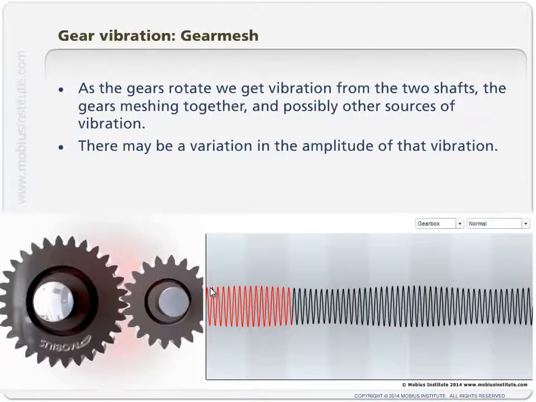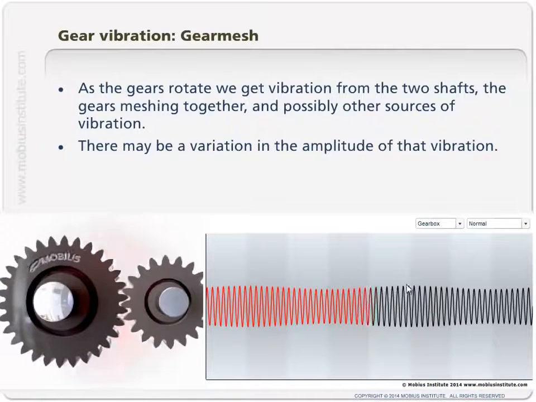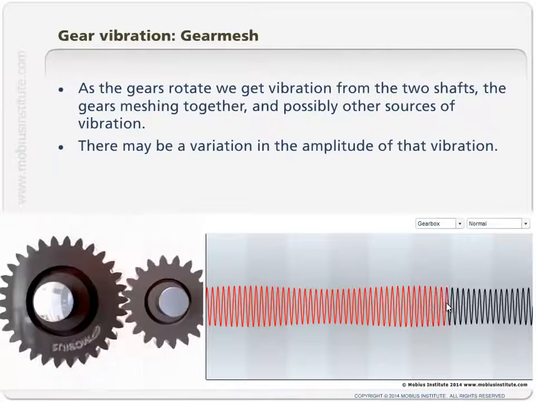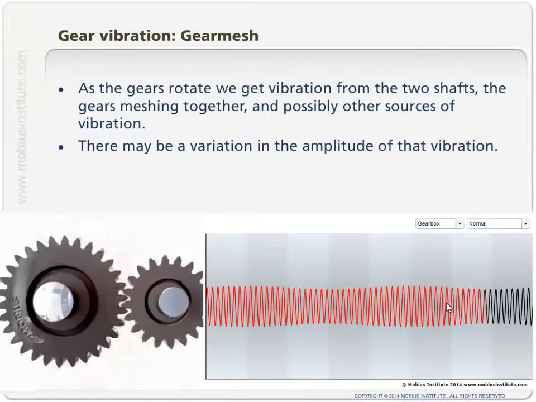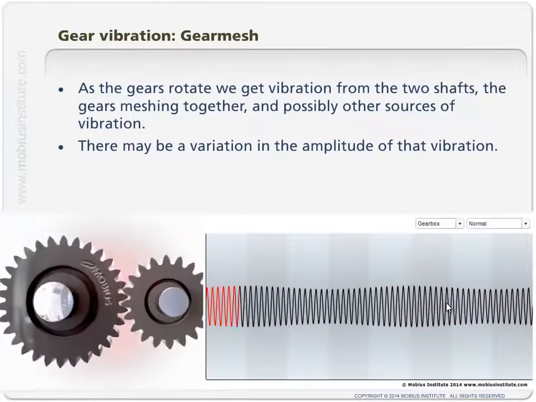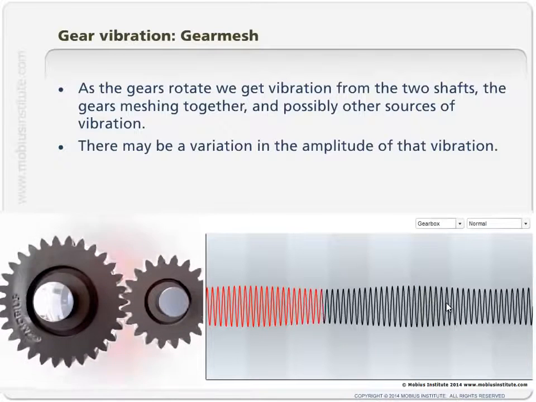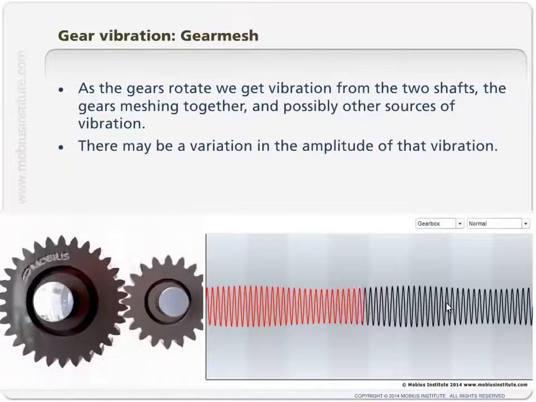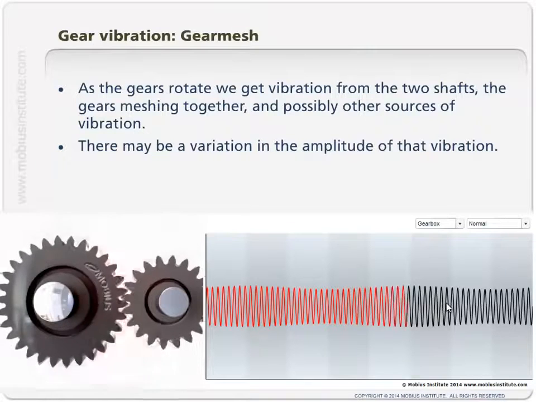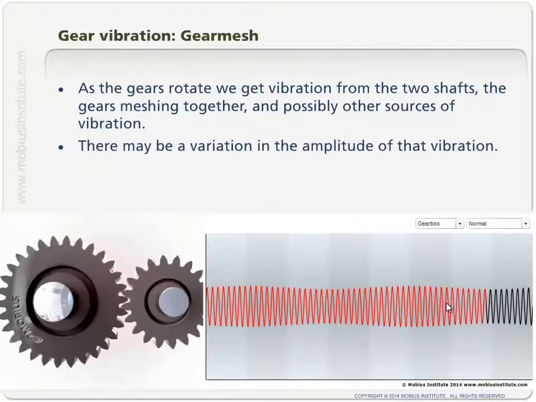Now, if you look closely, you might notice that the vibration seems to rise and fall just slightly. There's some modulation. When I originally recorded this webinar, there were a lot of questions about modulation, so I am going to create a separate presentation focusing on that modulation question, and you'll be sent an email on that. Or if you've just come across this in our Mobius area, then just look for that presentation shortly.